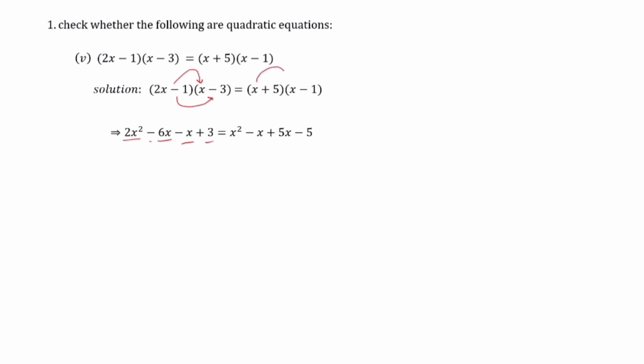This x with this x will give me x squared, so this plus with this will give me x, and this plus with this will give me 5x, so plus with minus will give me minus, so 5 into 1 will give me 5.